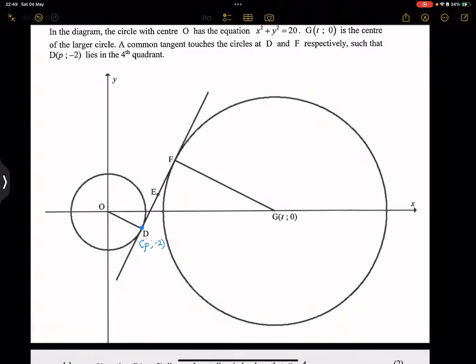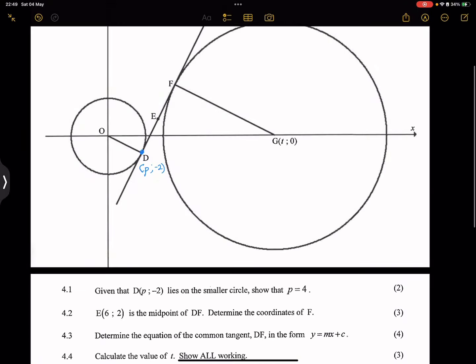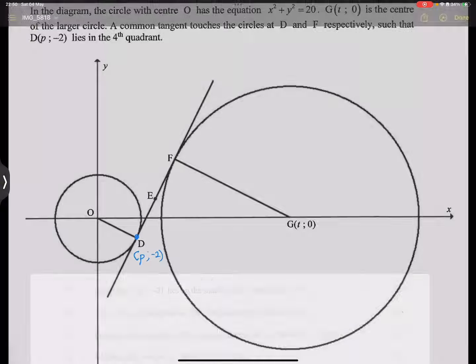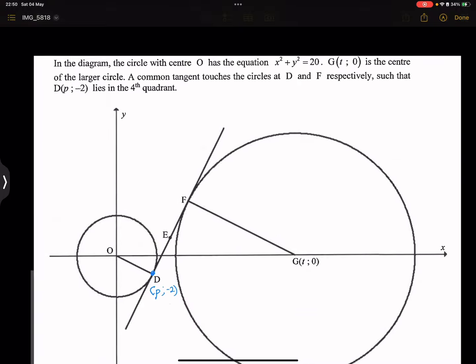Let's quickly have a look at the first one. They say given that D is P and negative 2 on the smaller circle, show that P is equal to 4. Now all we do is substitute that point into the equation of the circle.